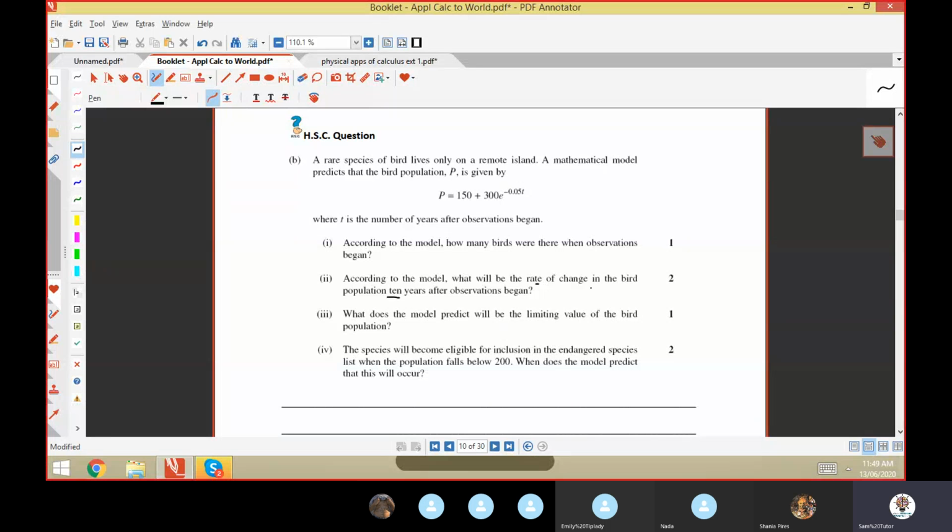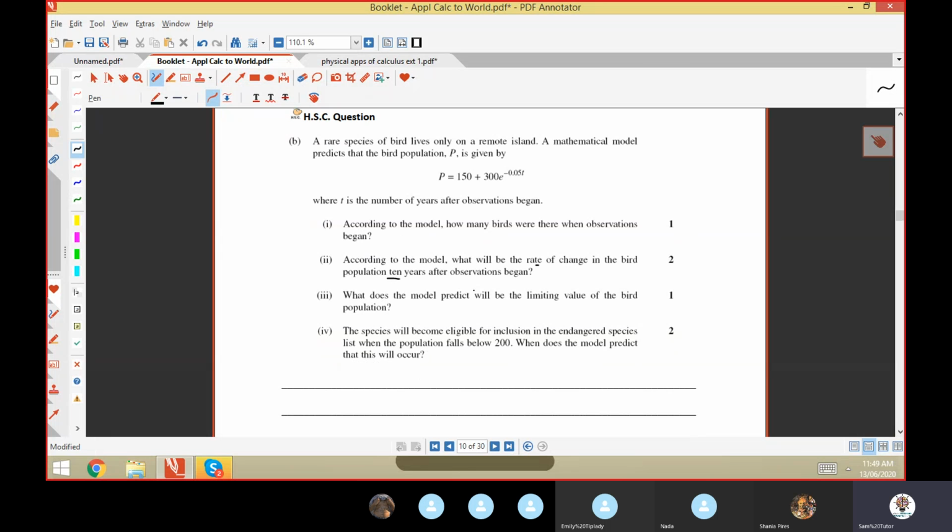What does the model predict will be the limiting value of the bird population? Anyone understand what it means by the limiting value? So what it would eventually be. What does that mean in terms of time? What is time equal to? Eventually. Without even reading the question, I just want to see if you guys can understand how these ones are all the same.